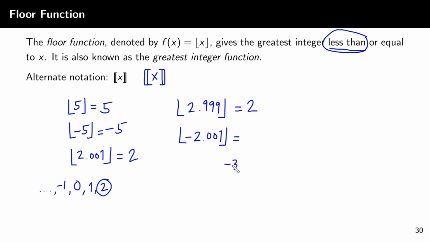So, negative 3 is definitely less than negative 2.001. So, negative 4 then, negative 5. And obviously, among these integers, ang pinakamalaki ay si negative 3. Ngayon, kung meron naman tayong negative 2.999, yung floor niya is also negative 3.